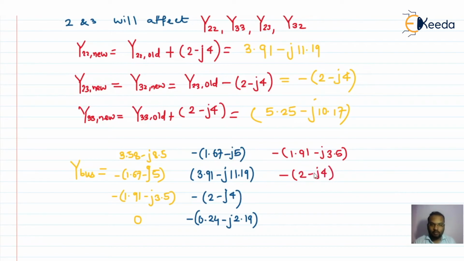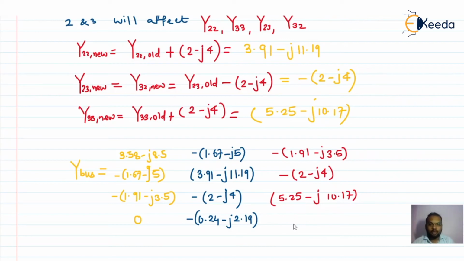Here y33 will come. Y33 also gets modified. Its value is 5.25 minus j10.17.